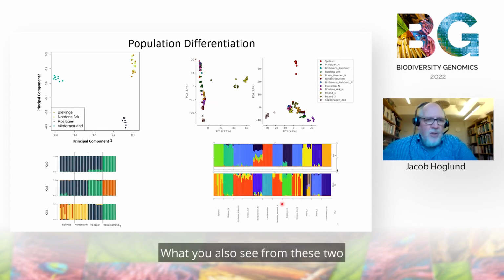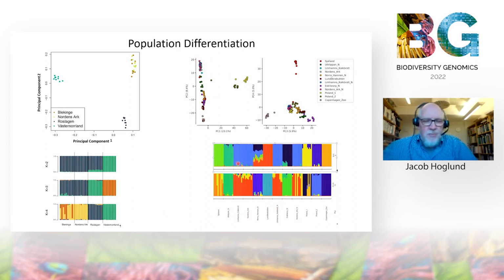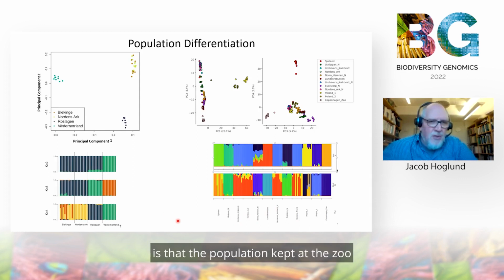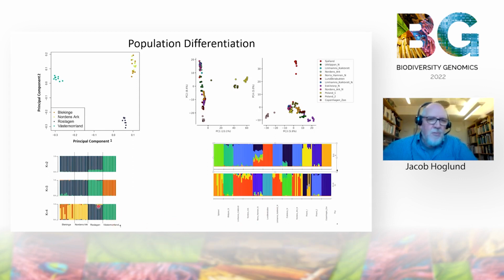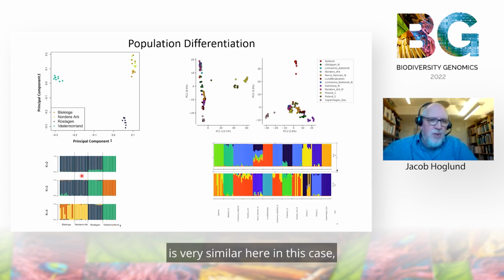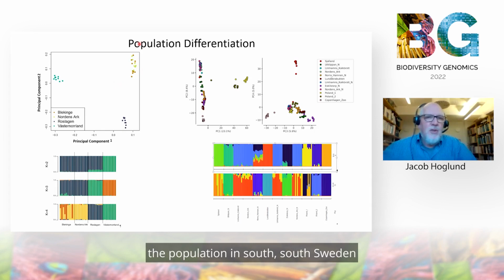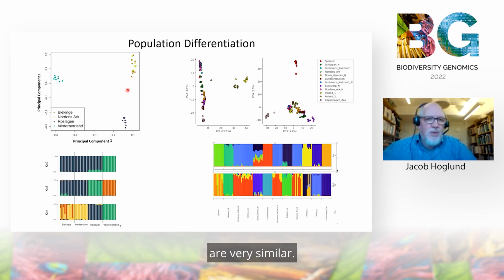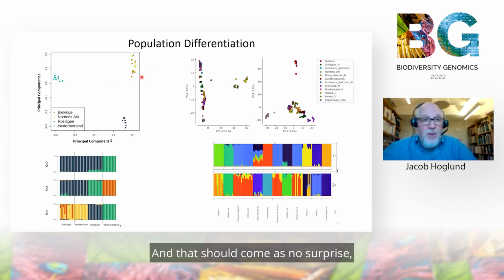What you also see from these two slides is that the population kept at the zoo is very similar to the population in South Sweden, and that should come as no surprise because the zoo population was founded with individuals from this population.